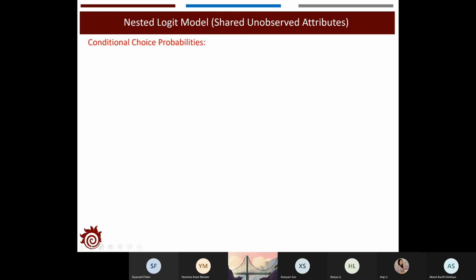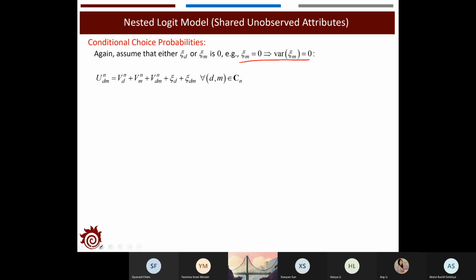We can also work on the estimation of the conditional choice probability. That will be the probability of the mode M given the destination D. Here we assume that either epsilon D or epsilon M is 0, and similarly we use epsilon M as 0, and we have the definitions of the utility function.